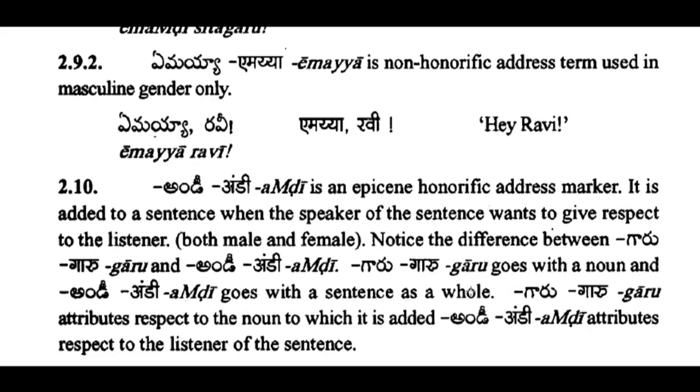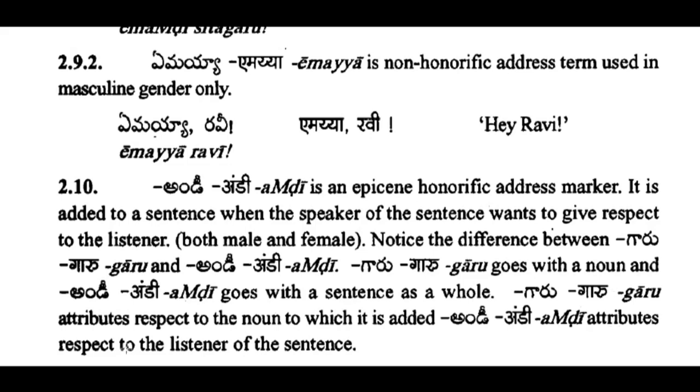As I mentioned before, Garu we always use with a name or profession: Dr. Garu, Praveen Garu, Sumi Garu, like that. Then Andi goes with a complete meaningful sentence. It's not necessary to have a full sentence, just for a reply also: Avunandi, Sare Andi. Sare means okay.